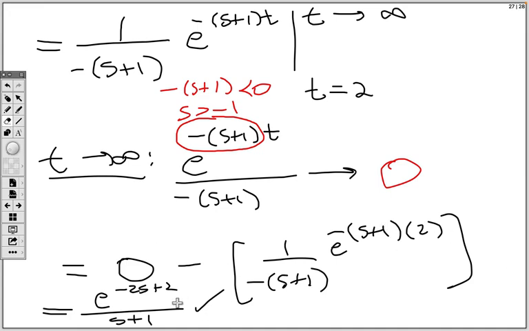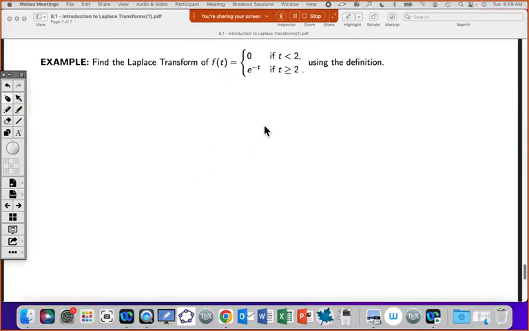So we'll see these kinds of things. But do you see how this is a different kind of shift? So we'll talk more about that later. That's why that's in there.